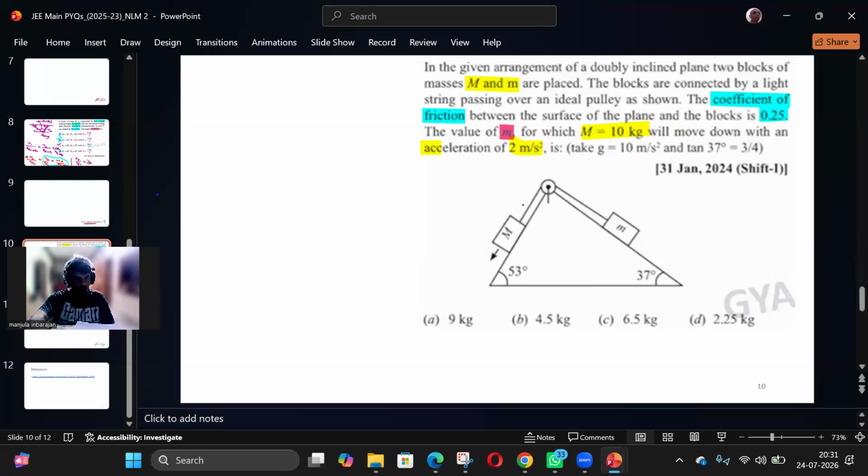Acceleration is given, right? So the net downward force is Mg sine theta minus T equal to mass into acceleration.